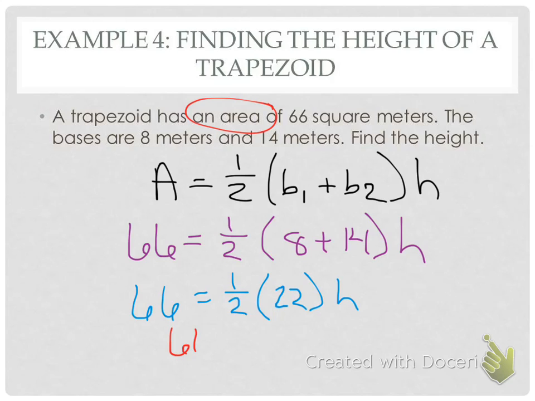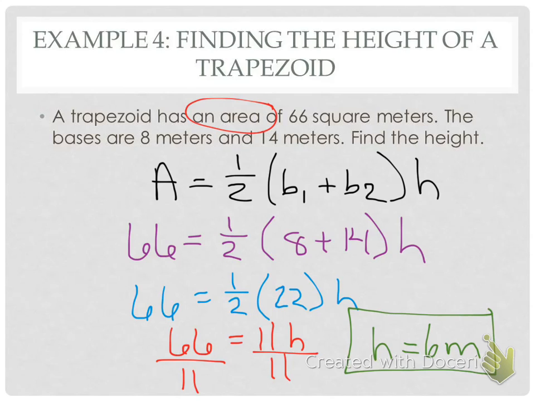Very good. 66 equals 11h. Divide both sides by 11. And h equals what? What's 66 divided by 11? H equals 6, and my label is meters. Okay, don't forget to label. And if you understand that, that's everything you need to know for 11.5.